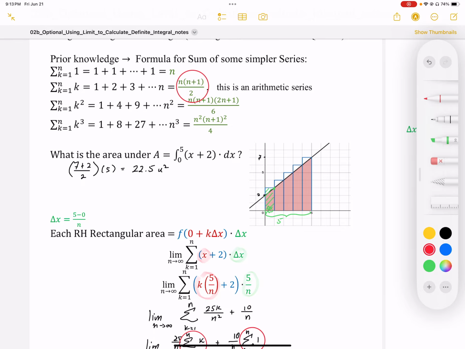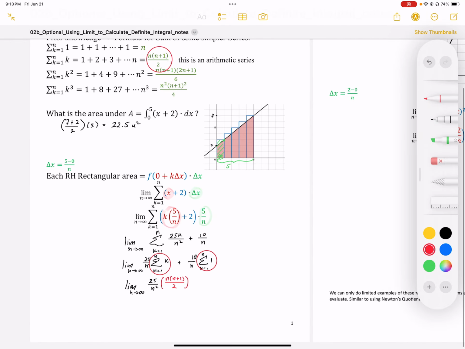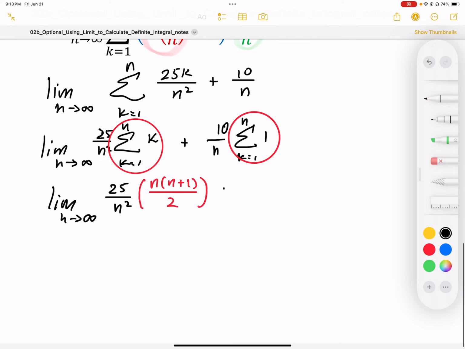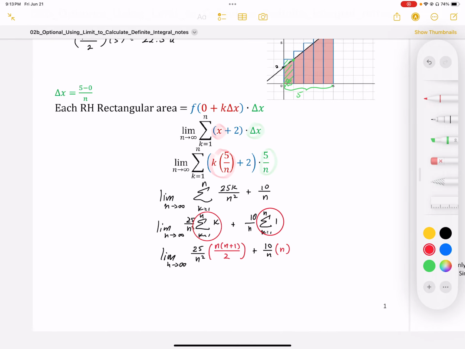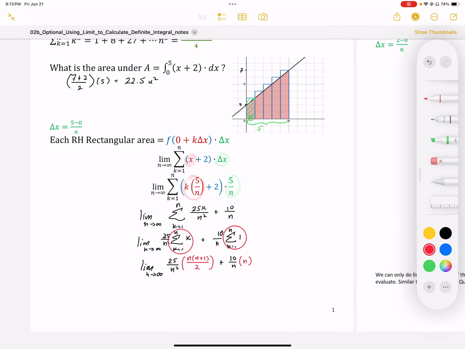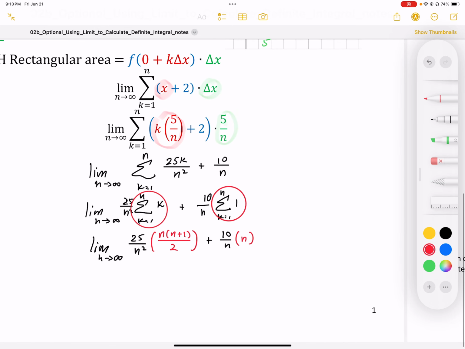I'm applying that formula. And then for the other part, it's going to be plus 10 over n. That series is just going to sum up to just n. Okay, and we can see that that is going to be this formula here. 1 plus 1 plus 1 plus 1 to n value is going to be equal to n.